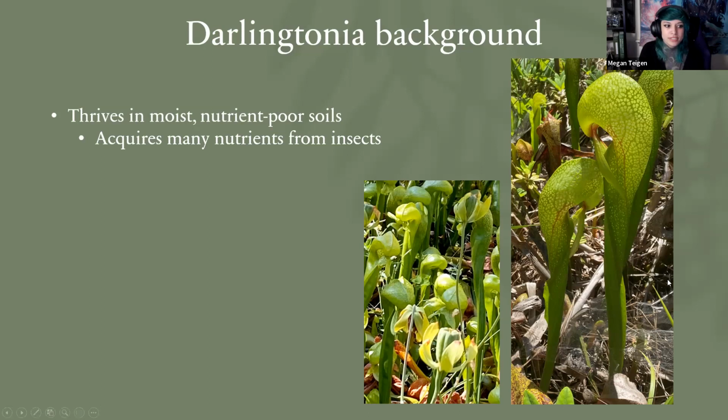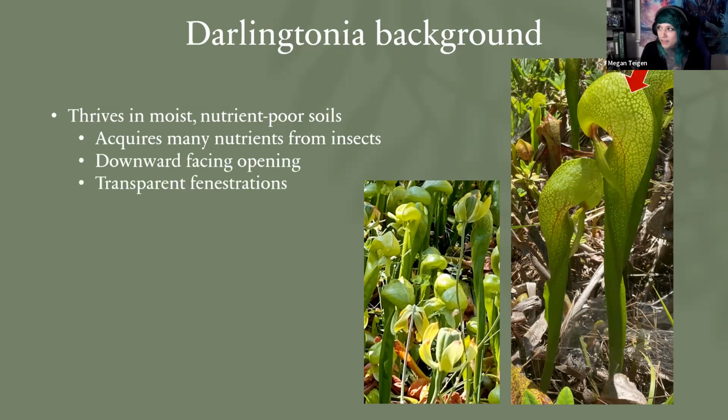This plant has some pretty striking characteristics that set it apart from a lot of other pitcher plants and make it incredibly unique. So first, it has these downward facing openings. A lot of pitcher plants are open from the top, so this is very interesting. It also has these transparent fenestrations on the top of its leaves. On the right picture, these are the leaves, and on the left picture, it is a flowering plant, so it has flowers and seed pods as well.